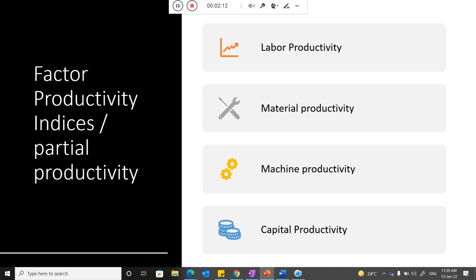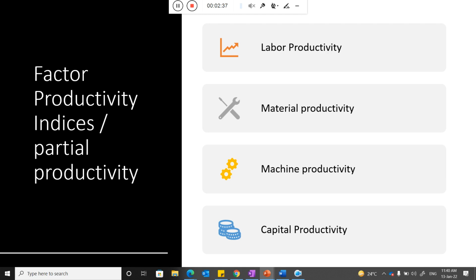On the basis of that, there is one thing, that is partial productivity measurement. In many books it is given as PPM, partial productivity measurement. Here you try to measure the productivity of an individual entity.